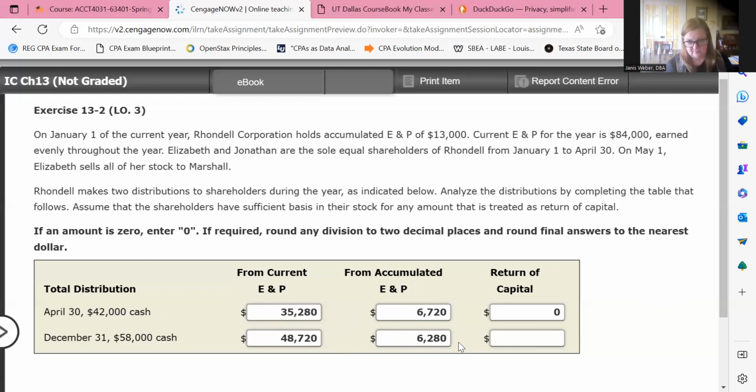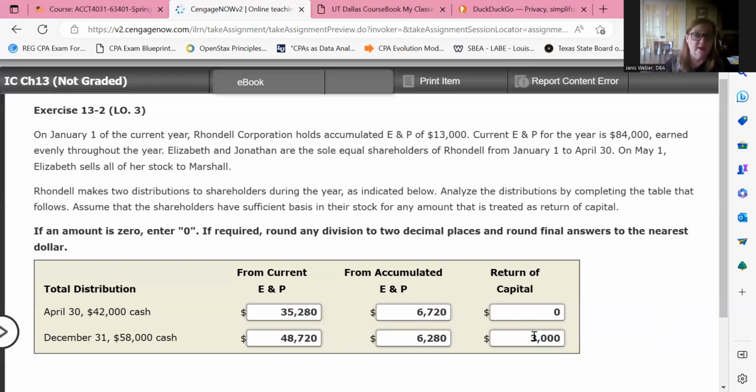So what is that? 55,000. So 55,000 is the total of the E&P that we're calling a dividend for the last distribution, but hey, we paid out 58,000. So we have 3,000 extra. So what is it? If it's not a dividend, the next thing it would be is return of capital. So 3,000 left over means 3,000 was a return of capital.